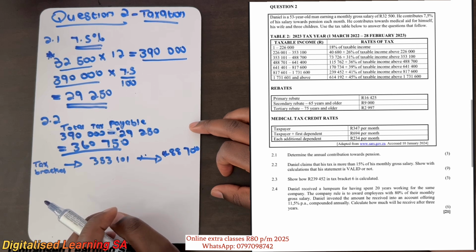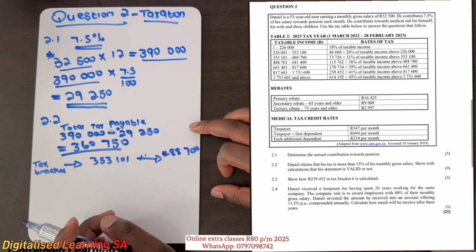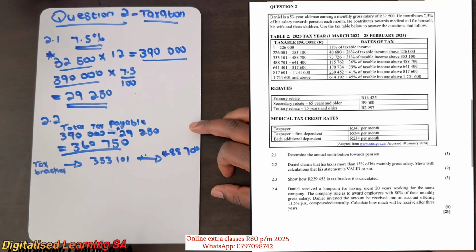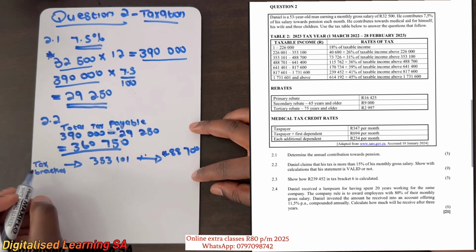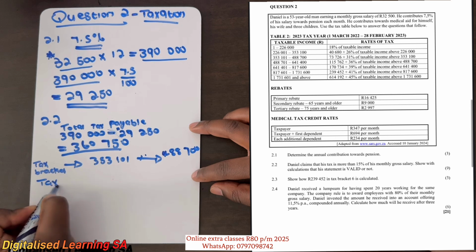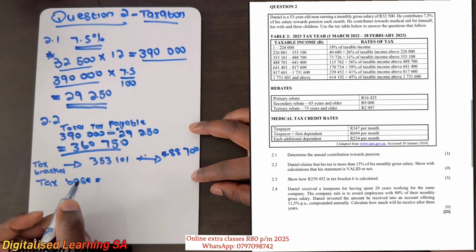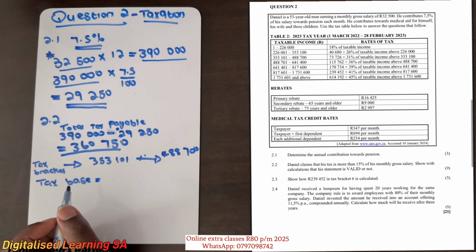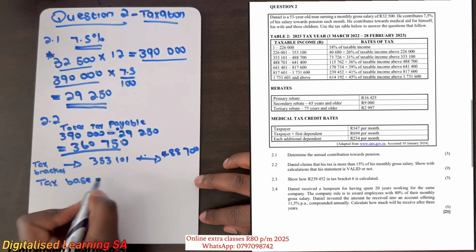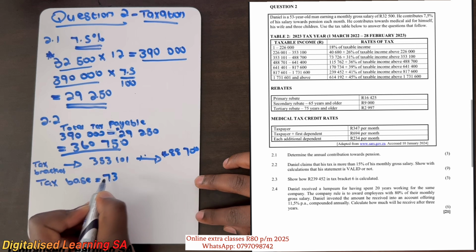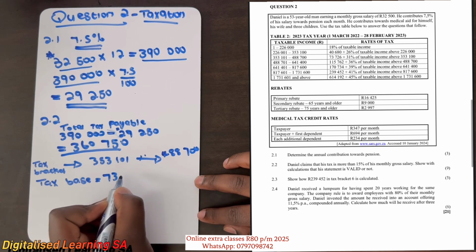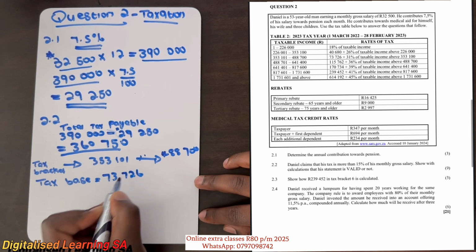On that bracket, we can see that there is tax that is already calculated for us. The 73,726 is the tax that has already been calculated for us, guys. We are going to call that the tax base. So the tax base is 73,726.